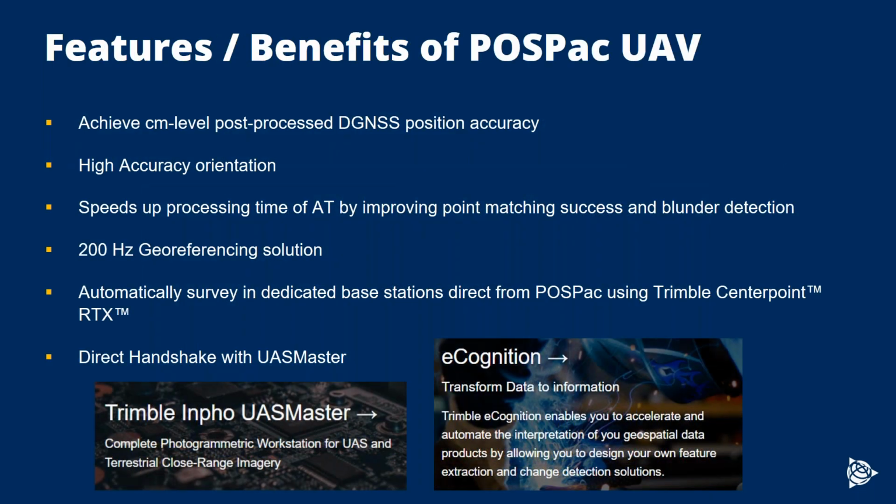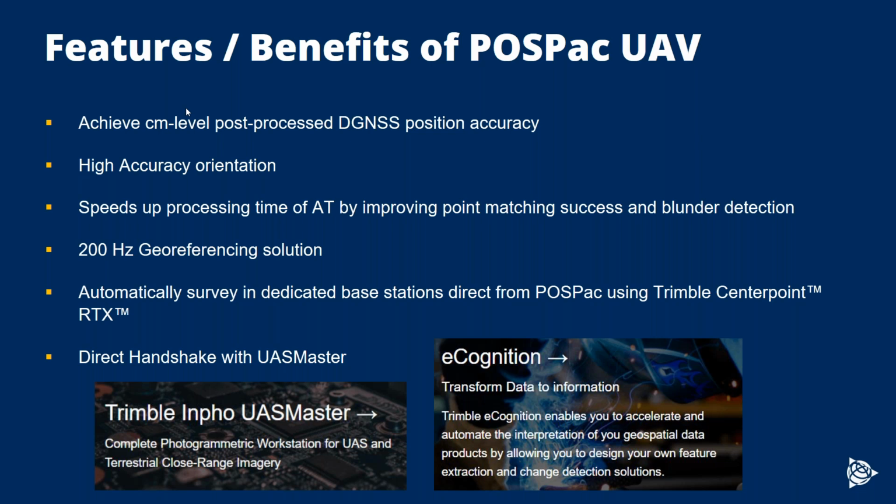So some of the features of POSPac UAV: certainly it allows us to get to centimeter level processed data. It removes the need for ground control points, and it helps us to achieve centimeter level accuracy in LiDAR data. We assign each of those LiDAR data points with a position and orientation value.